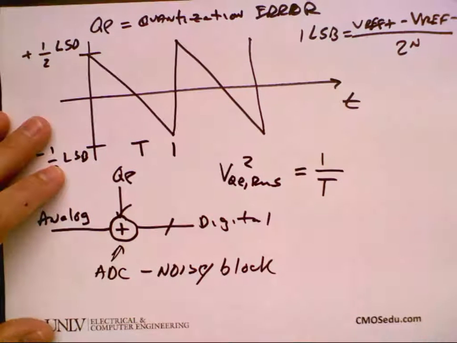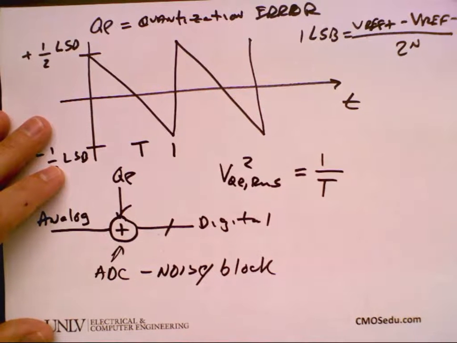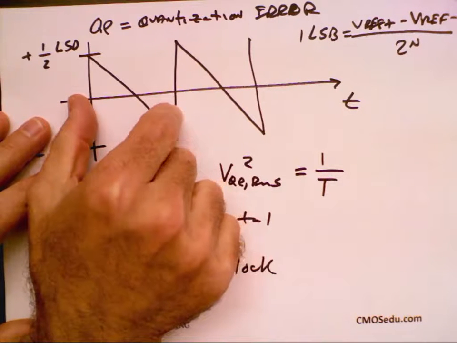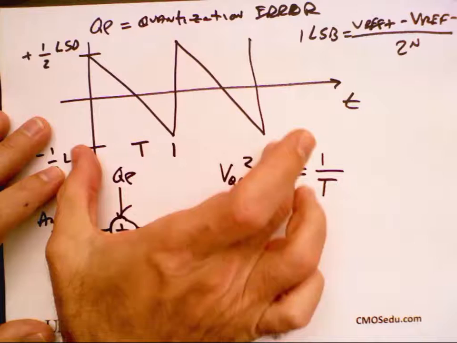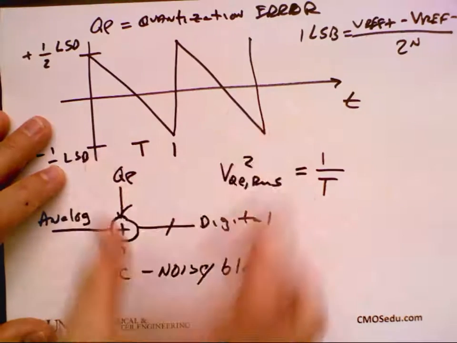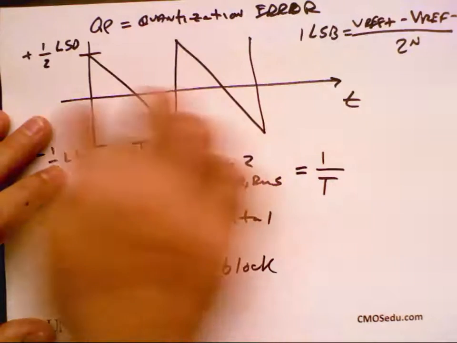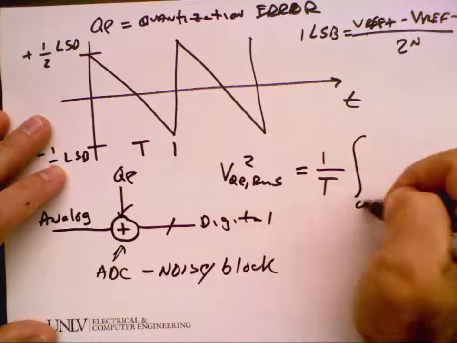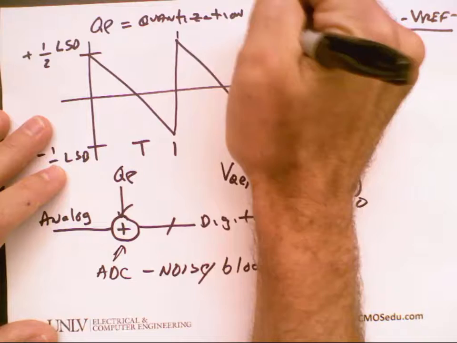Remember for a sine wave it was the peak over root 2. Here we're just taking the waveform and we only need to average it over 1 cycle, because when we go to 2 cycles the time doubles, the average amount of power goes up. So we just look at 1 cycle, and you remember that from circuits. We integrate from 0 to t, say from here to here.